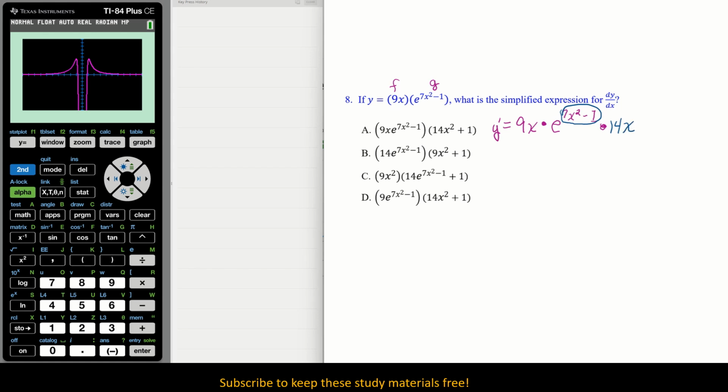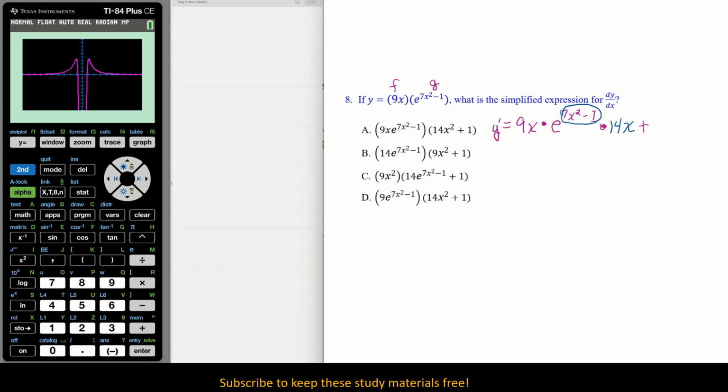All right, now what do we do? We add that to, I'm sorry, I had to look at it. Okay, now we add to the other one. So we have to take the prime of f and leave g as is.